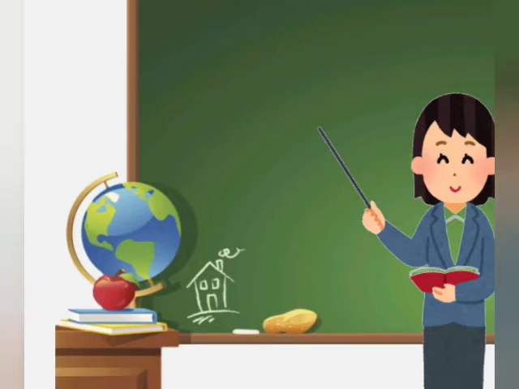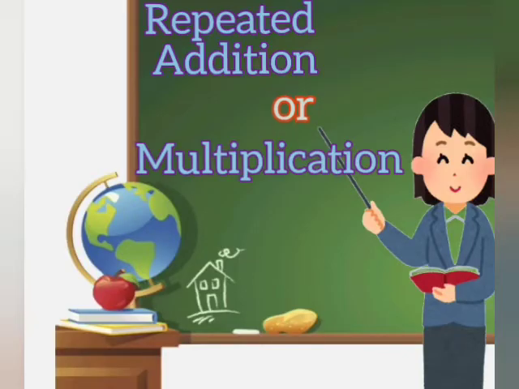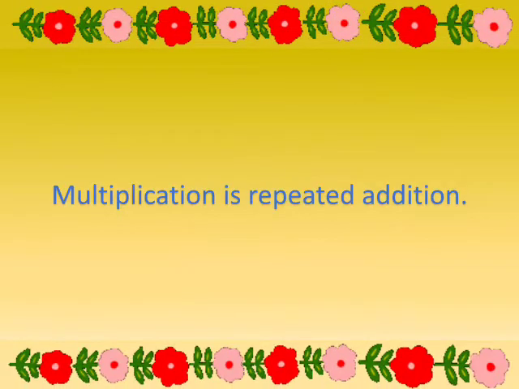Children, in our previous sessions, we have learned about addition, and today I am going to add something more to your knowledge, that is, repeated addition or multiplication. Multiplication is repeated addition.